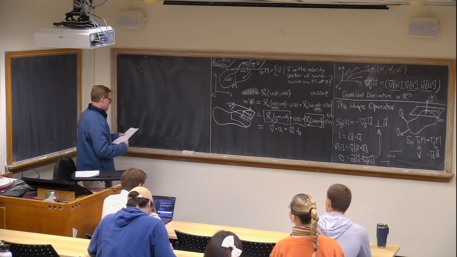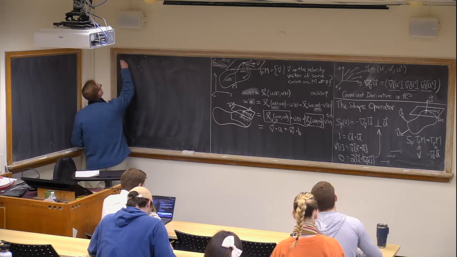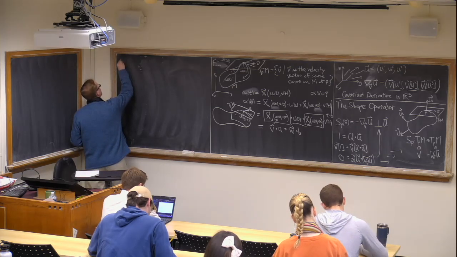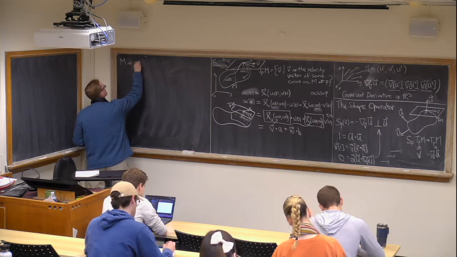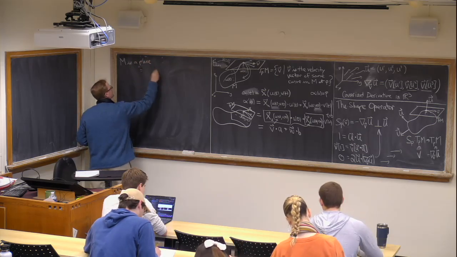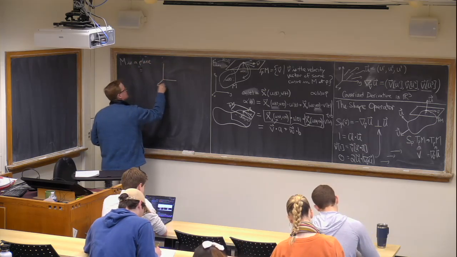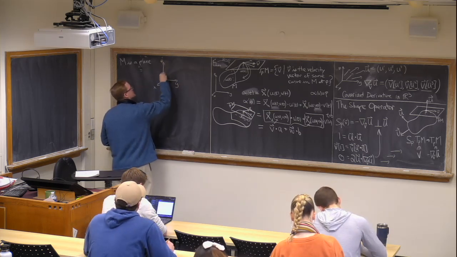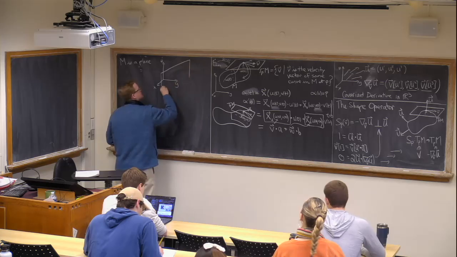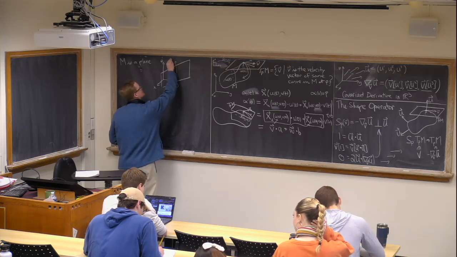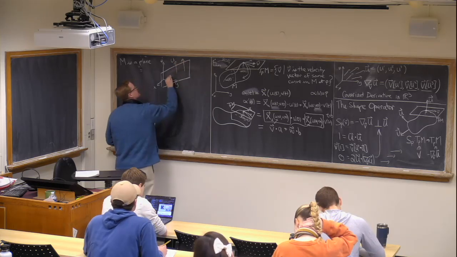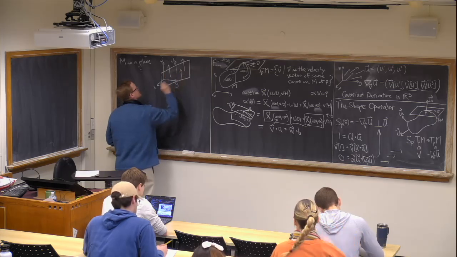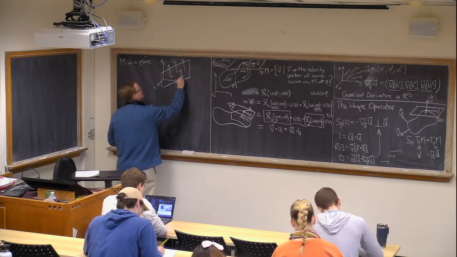Okay, let's do an example. Let's say M is a plane. You have some plane here. The unit normal vector is the same everywhere, isn't it? Perpendicular to the plane everywhere. It's constant.